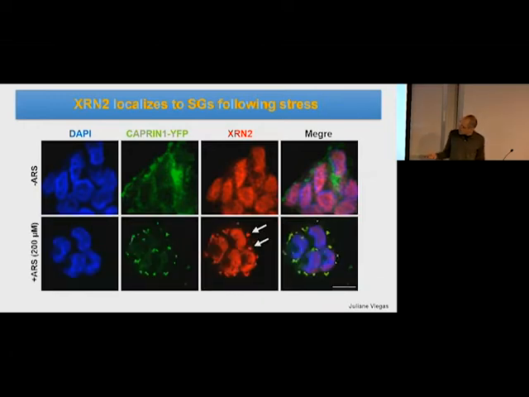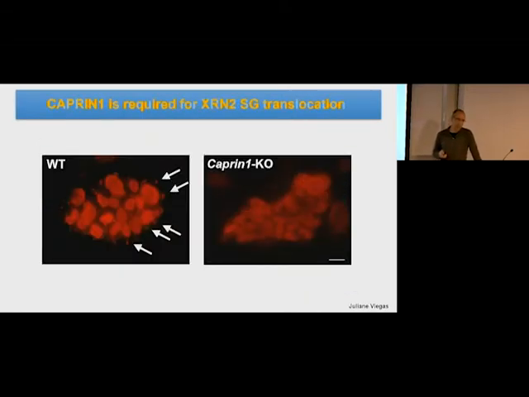But when you now stress the cells and you get these nice stress granules, you can see copperin-1 now localizes into the stress granules, and suddenly XRN2 also exits the nucleus and goes into these foci, and they now sit together in these granules. So this was really nice.